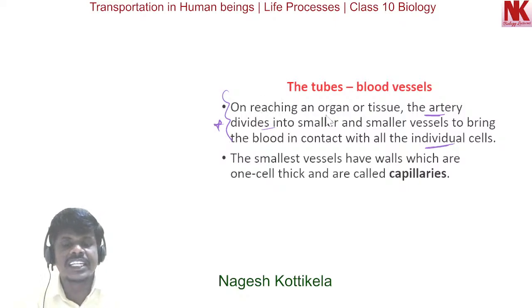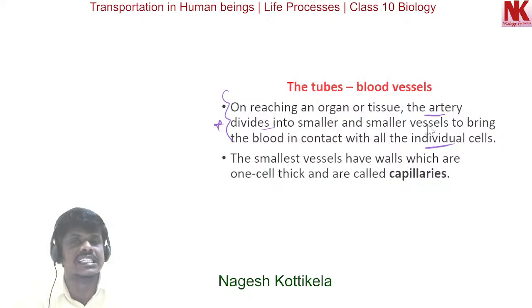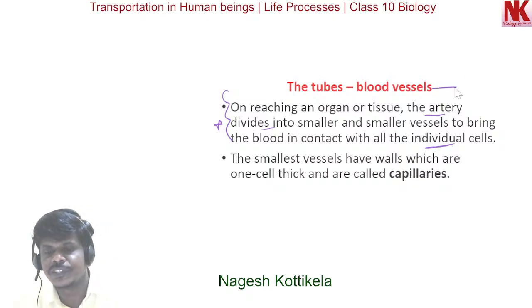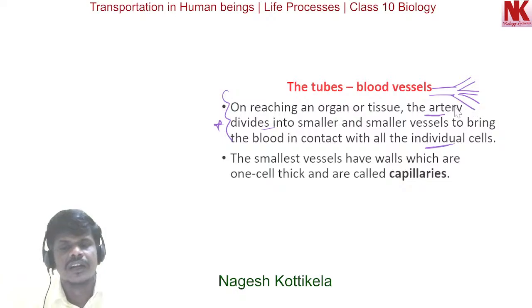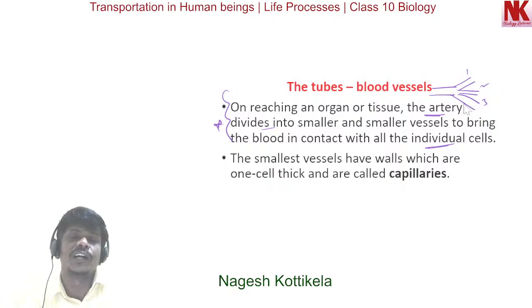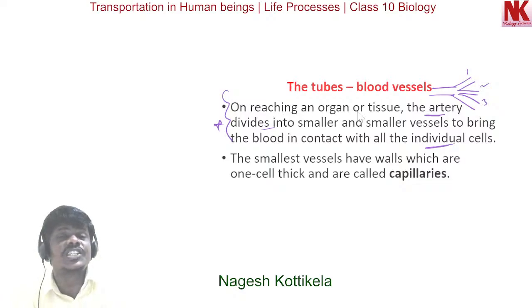If we suppose this is an artery, then it divides like this into branches, say 1, 2, 3 branches. So on reaching an organ or tissue, the artery is divided into smaller and smaller vessels.